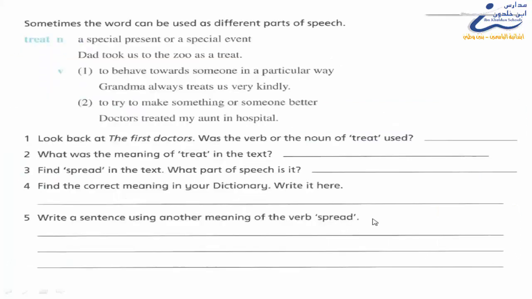Let's move to the next exercise. Sometimes the word can be used as different parts of speech. Parts of speech, as you know, noun, verb, adverb, adjective, and so on. Here we have an example, the word treat. The first meaning, as a noun, special present or special event.